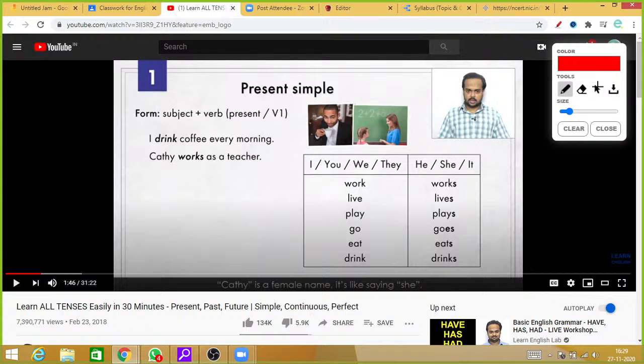When we are talking about Kathy, Kathy could also be converted to she. If we talk about Ganesh, then Ganesh would get converted into he. So whenever we are talking about these names, we use S with the base verb.